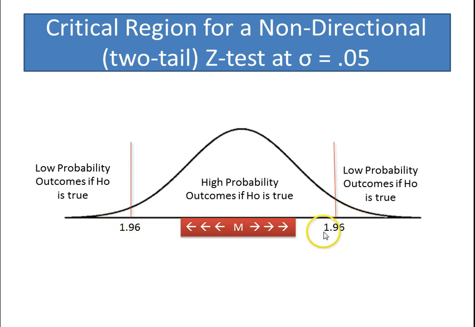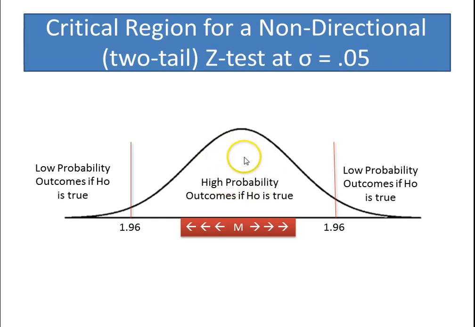A positive 1.96 z-score on this side, and on this side, although the negative isn't there, this would be a negative 1.96 z-score.